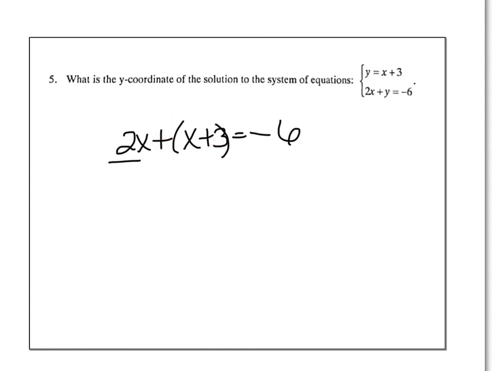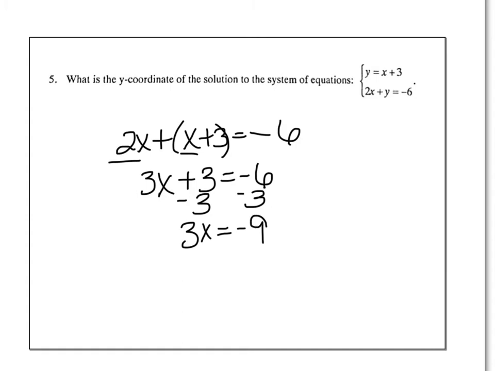So 2x plus x is 3x plus 3 equals negative 6. Subtract 3. So now 3x is equal to negative 9. Divide by 3. X equals negative 3.